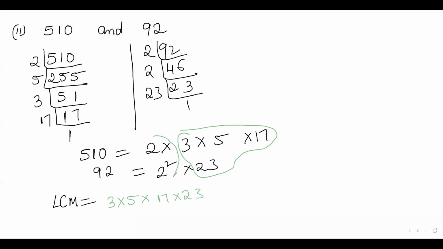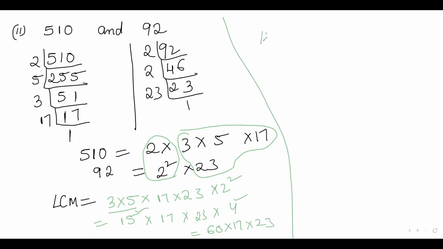In case of common factors, you will be taking the bigger one. 3 5s are 15, 17, 23, 2 2s are 4. I'm multiplying 15 and 4. So finally I'm getting 60 into 17 into 23.